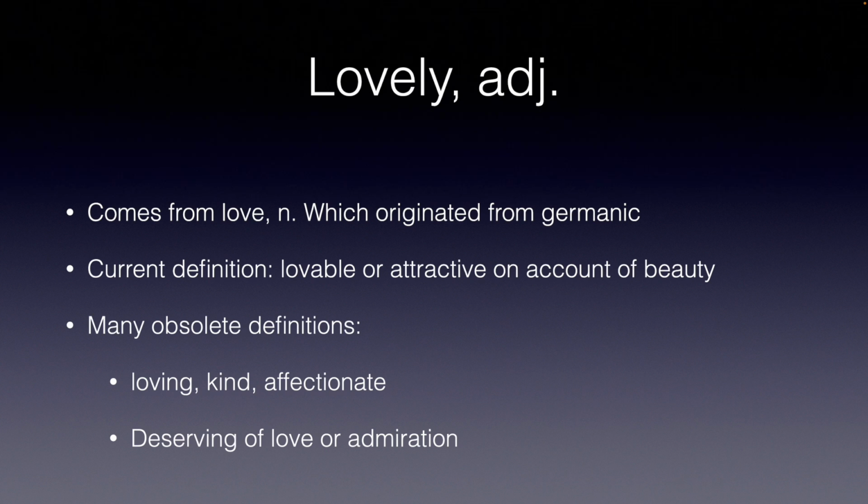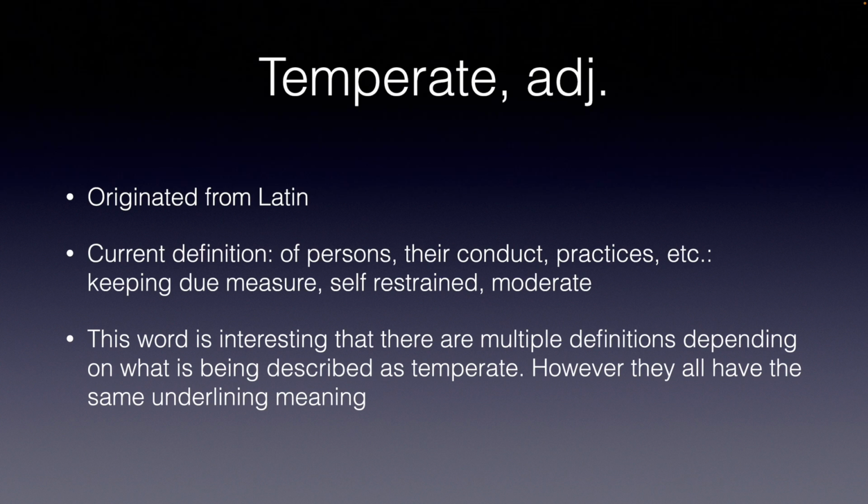Which I like those definitions more than the current definition, which I felt like put more attention on the attractiveness of one. The next word is temperate. This word originated from the Latin language.